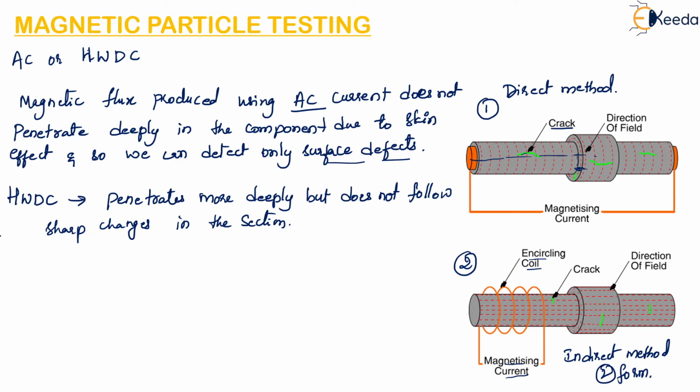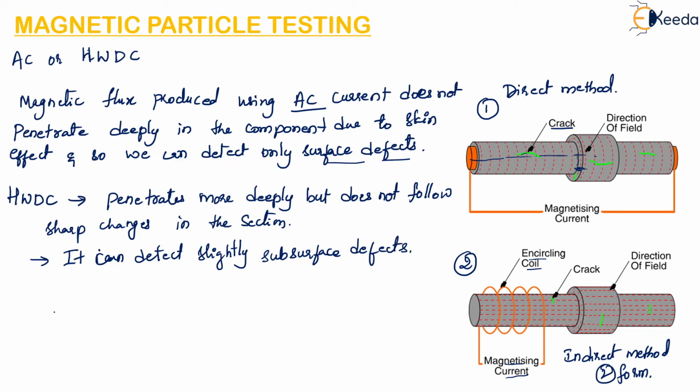But this half wave rectified DC is useful for detection of slightly subsurface defects. So it can detect slightly subsurface defects when compared to the AC current.